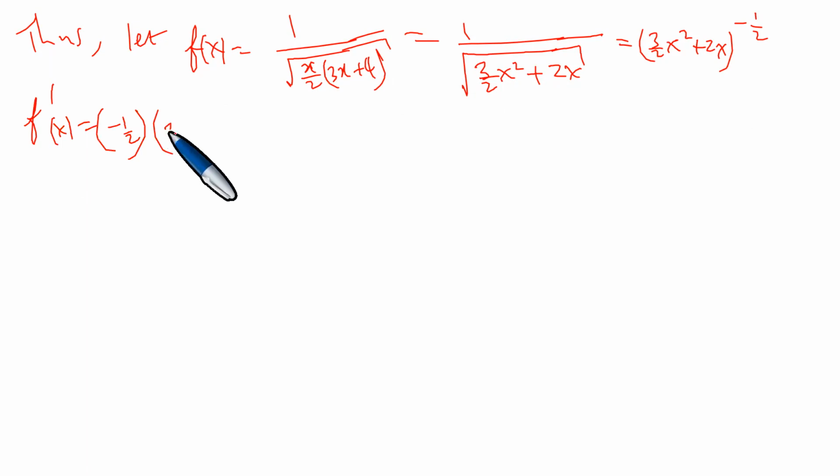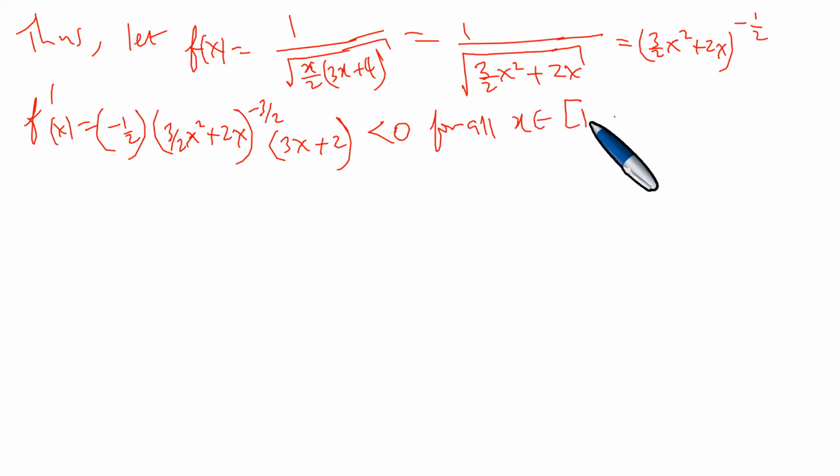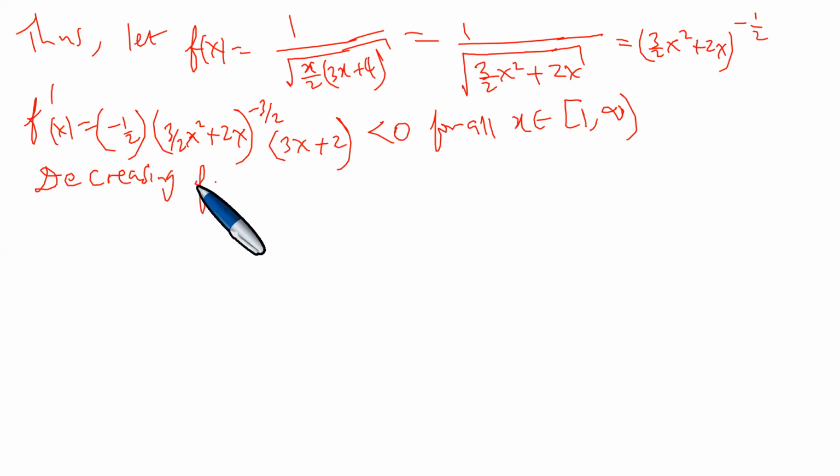Then you have this. Okay, clearly this one is negative for all x from 1 to infinity. The summation is from 1 to infinity. Okay, so we have a decreasing function.